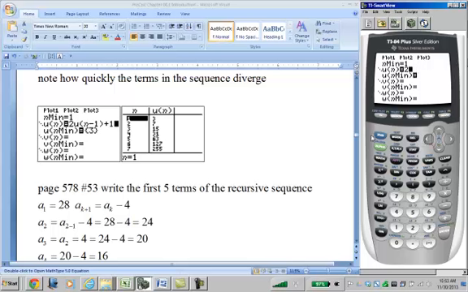I want second, and then the 7 key, and that gives me the u. And that's just going to refer to some number in the sequence. I'm going to open parenthesis, and so sequence number n minus 1. Okay, close parenthesis. And then I'm going to add 1 to twice the previous number in the sequence.